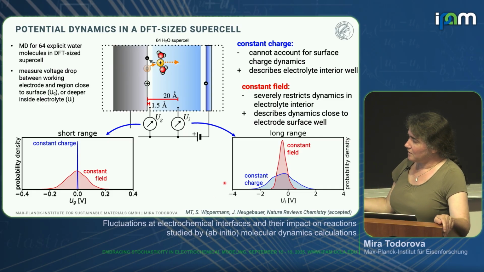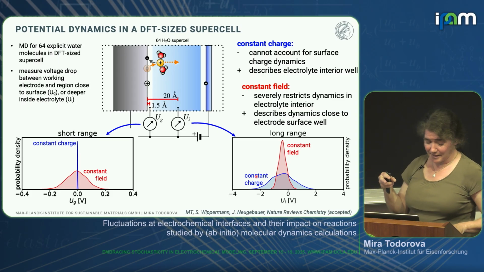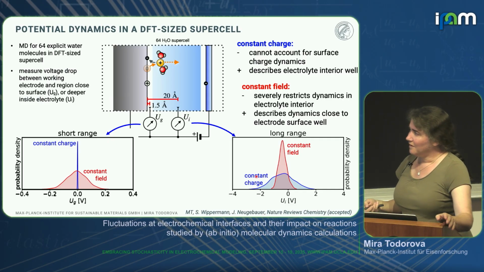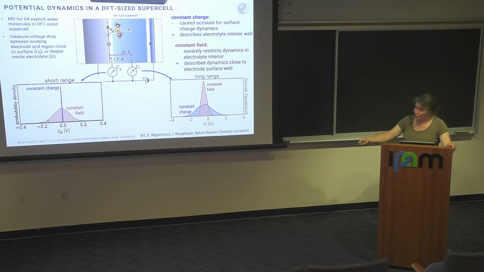But when we go to the interior of the electrolyte, the system is sampled and we don't get the distribution we would expect. Now, we need something in addition to these two extreme cases of constant charge and constant electric field in order to be able to sample this distribution close to the interface and that distribution in the electrolyte, so the red and the blue.